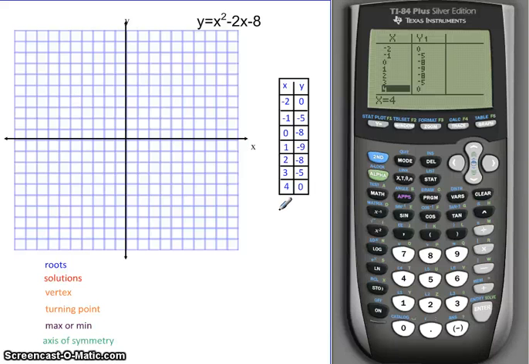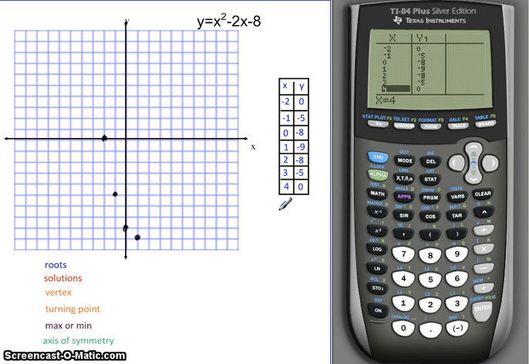So the point -2, 0 is left 2, up 0. My point -1, -5 is left 1, down 5. My point 0, -8 is over 0, down 8. My point 1, -9 is over 1, down 9.